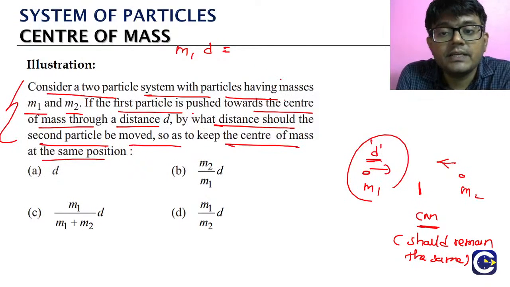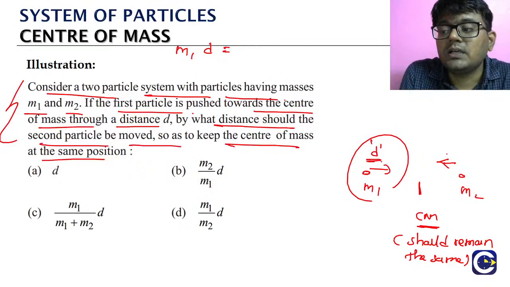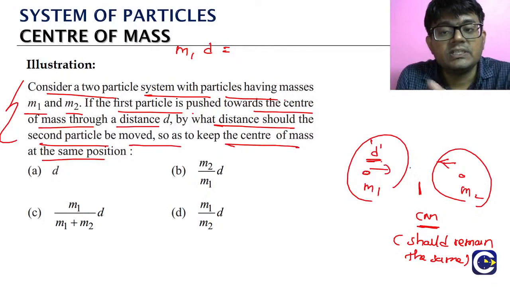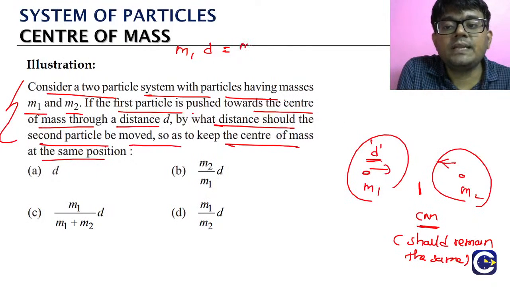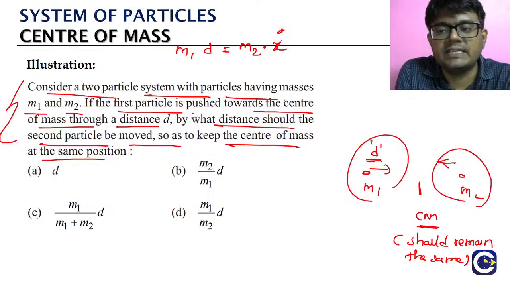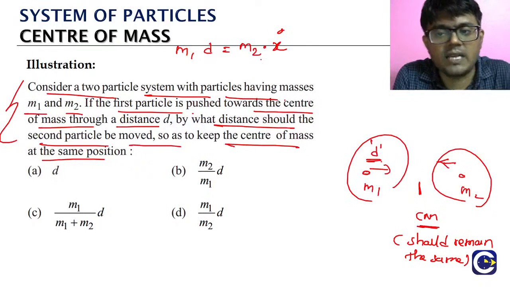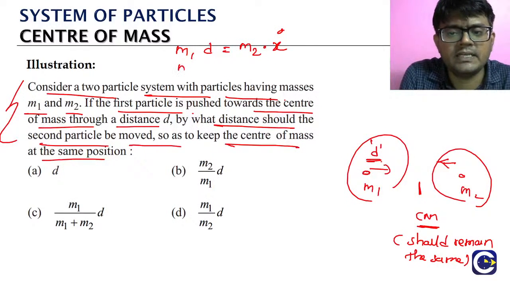That should be compensated by the moment of mass given for particle 2, meaning m2 into x. That x is what we have to find. That x is what we calculated. So what is x? m1 by m2 into d. That is the x value.